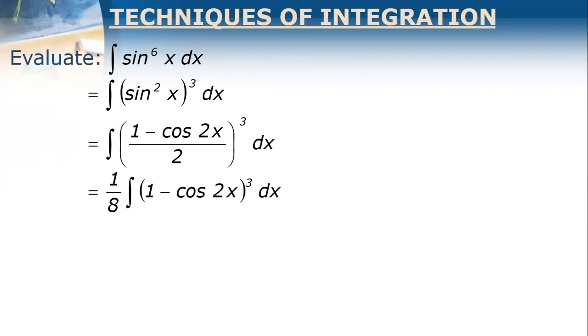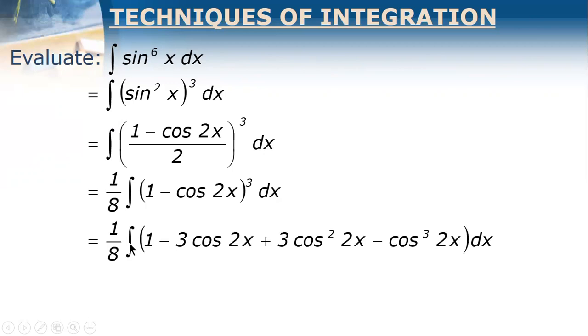So the next thing is to expand this one. Expand this binomial. You can use binomial theorem or binomial expansion, or you can perform manual multiplication. Okay. So to summarize, this is the result. This is the expansion of 1 minus cosine 2x raised to the power of 3.